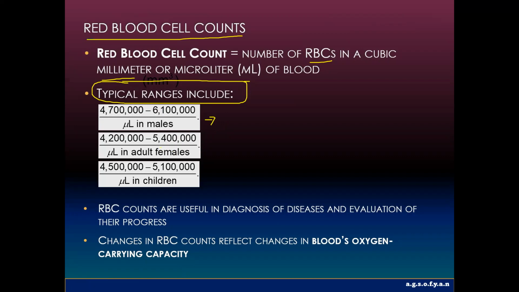For female adults, the normal concentration of red blood cells is a little bit lower than male, around 4.2 million to 5.4 million. For children, the normal value is about 4.5 million to 5.1 million red blood cells per microliter.